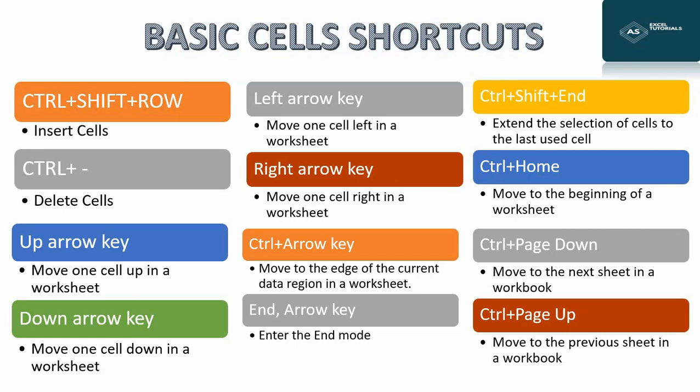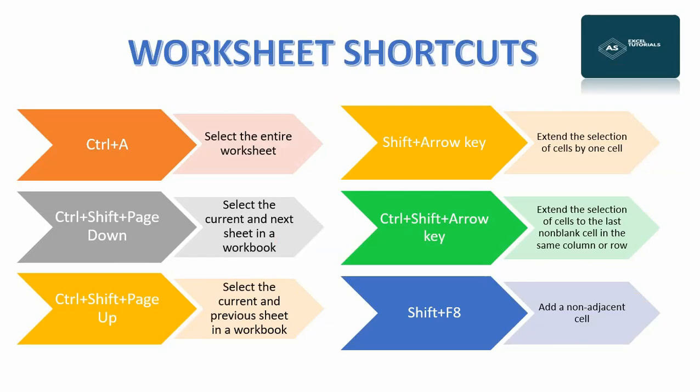That will extend the selection of cells to the last used cell. Ctrl Home: move to the beginning of the worksheet. Ctrl plus Page Down: move to the next sheet in a workbook. Ctrl plus Page Up: move to the previous sheet in a workbook. These are the shortcuts which you can apply on particular cells.